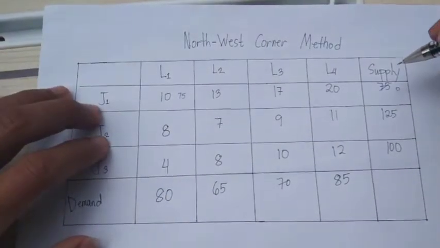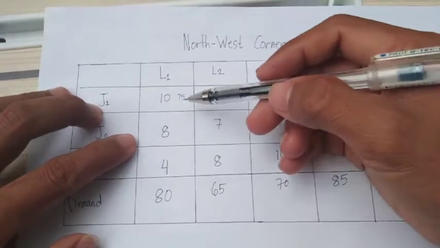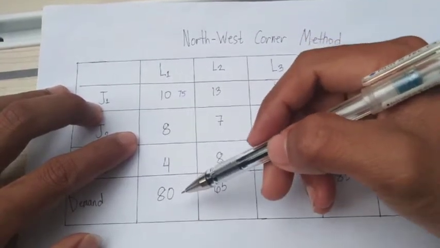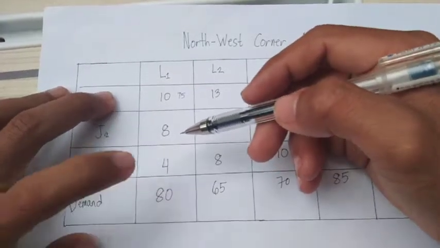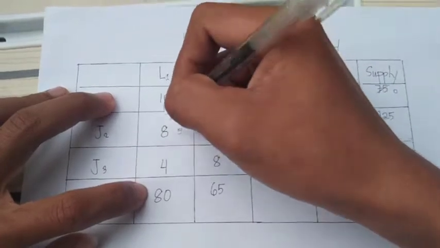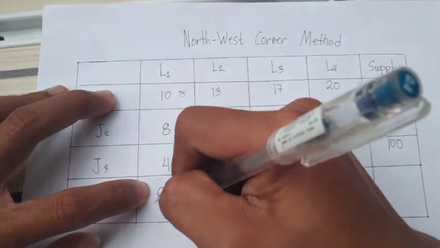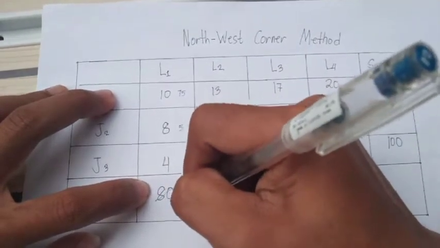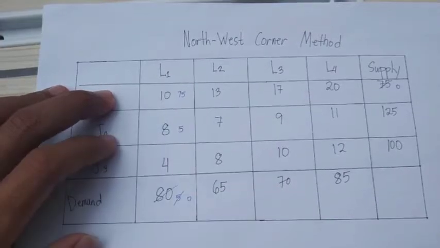Next, in the bottom, which is 8, since 80 minus 75 is 5, the remaining is 5 to the demand, so we will put 5 here to satisfy the demand, which is 80. So the demand now is 0.